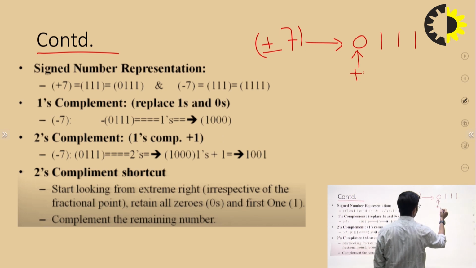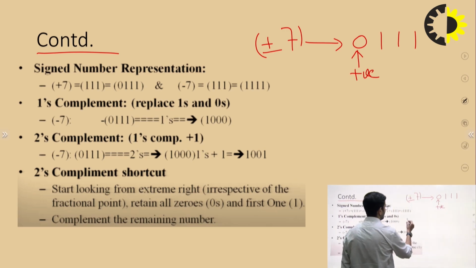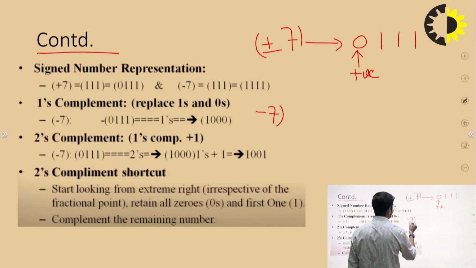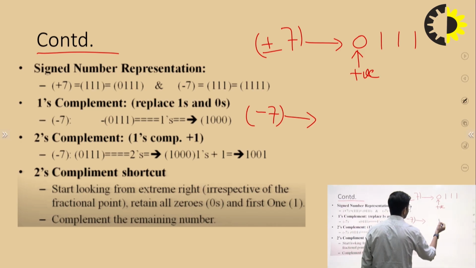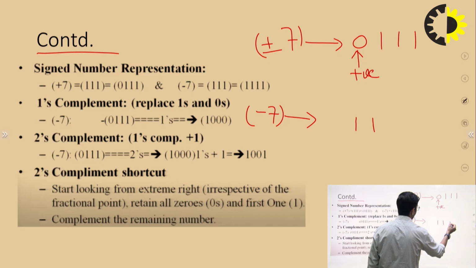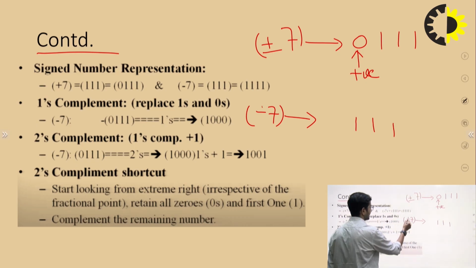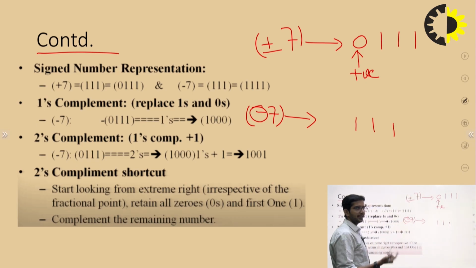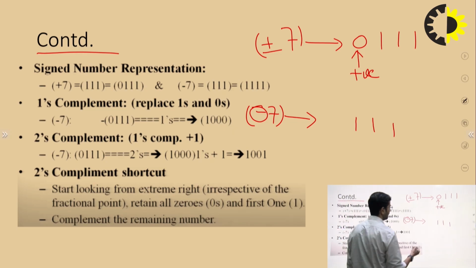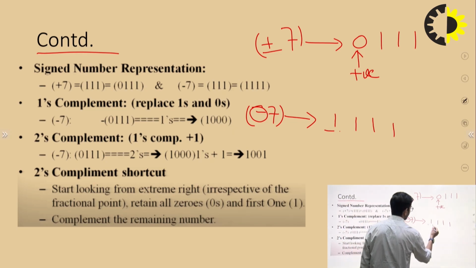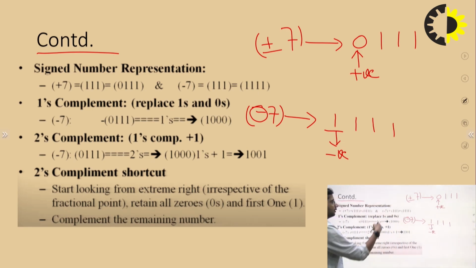So it will represent plus 7. And for minus 7, the binary of 7 is 1 1 1, but here the sign is negative. So for a negative number the MSB bit should be 1. So here it is a 1, and it represents a negative number. So this is minus 7 and the upper one is plus 7.